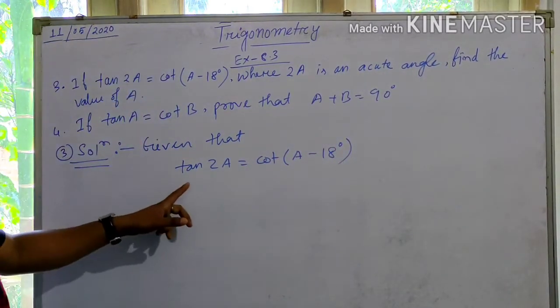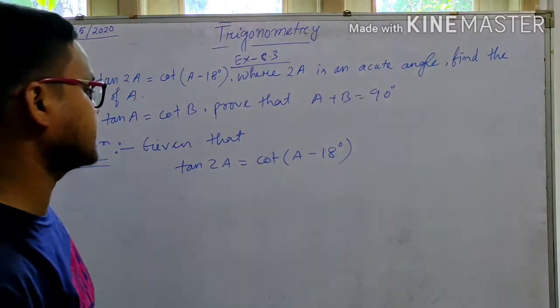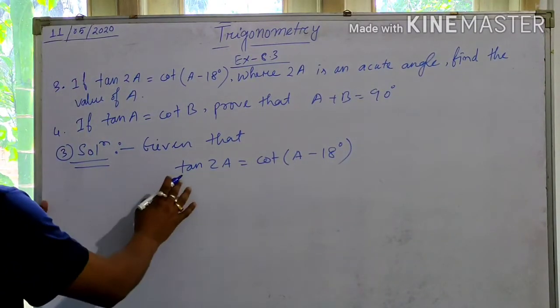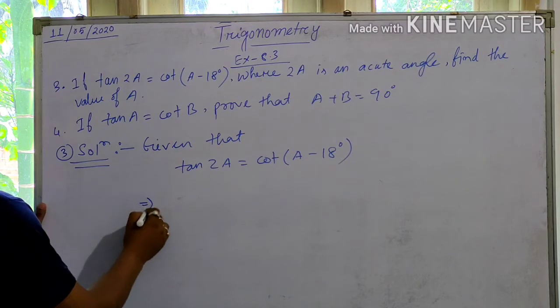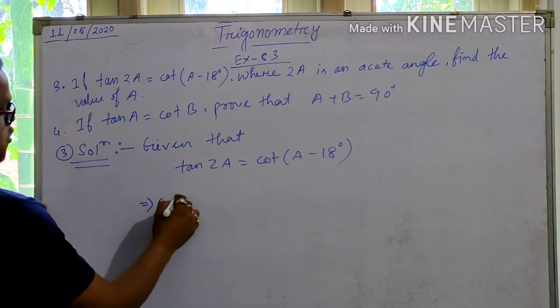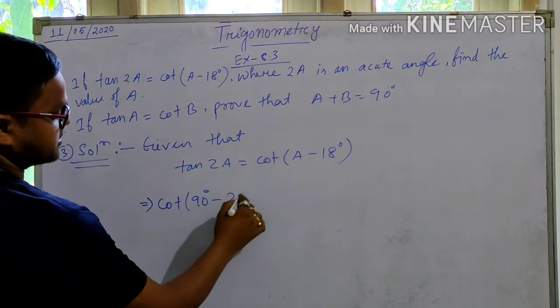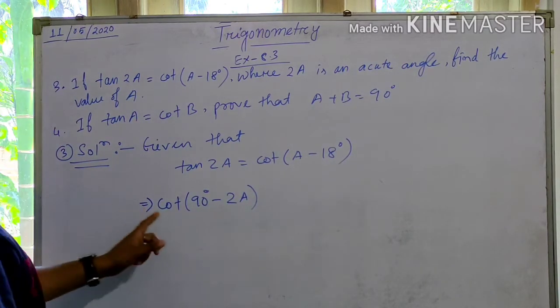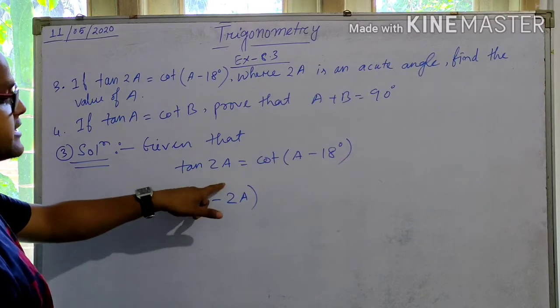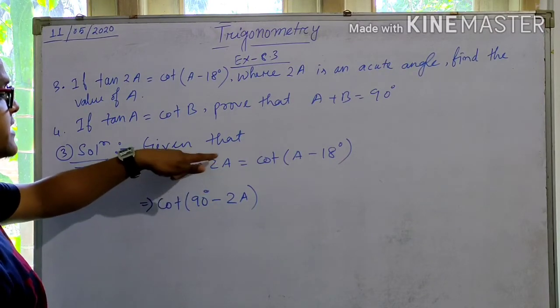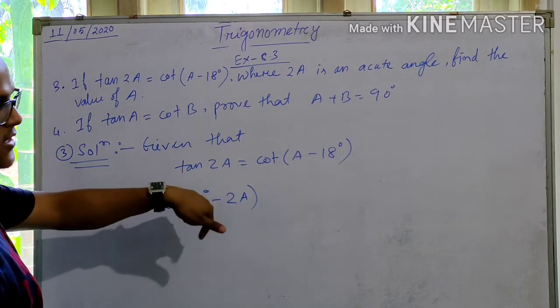Okay, now you see in the right hand side it is cot, so you have to change this tan into cot. We know cot 90 degree minus A is equal to tan A. So here twice A is given, so you put twice A, no problem.